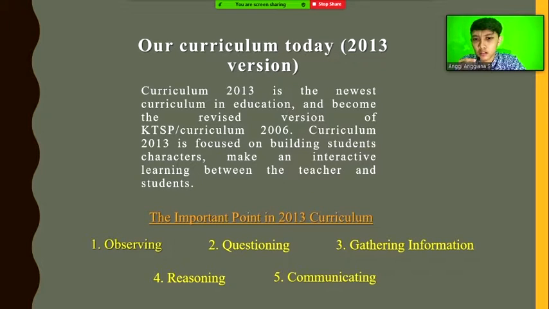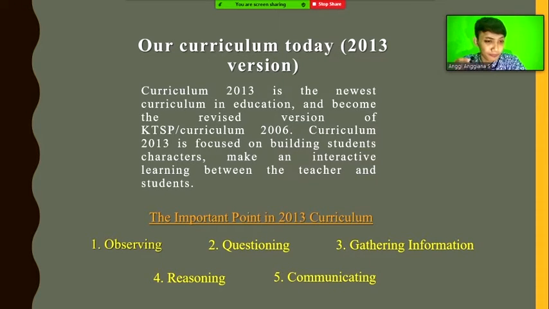Curriculum 2013 is the newest curriculum in education and the revised version of Curriculum 2006, or in Indonesia called KTSP. Curriculum 2013 is focused on building students' characters and making interactive learning between the teacher and the students.